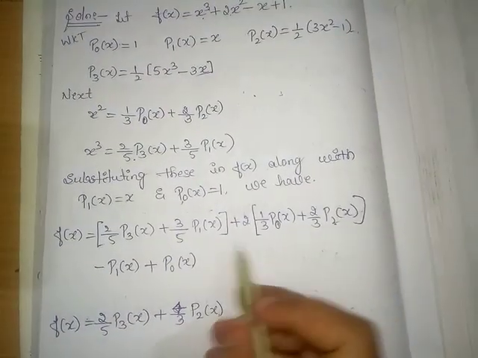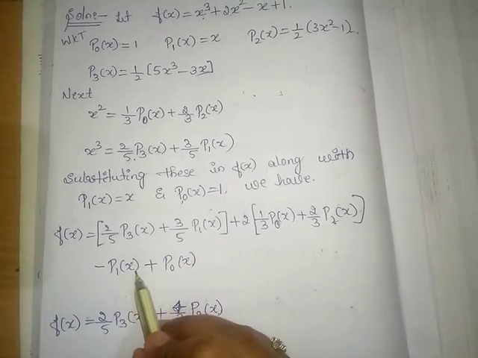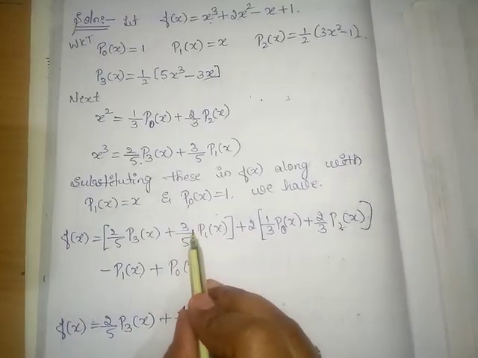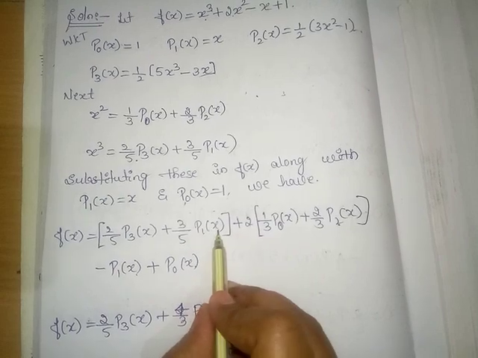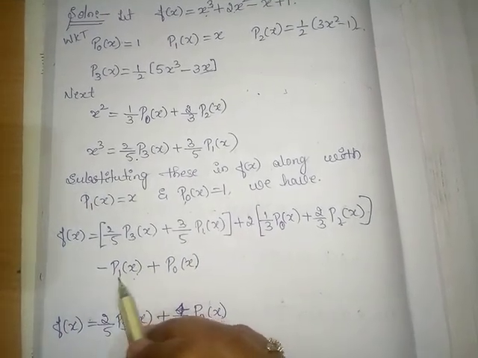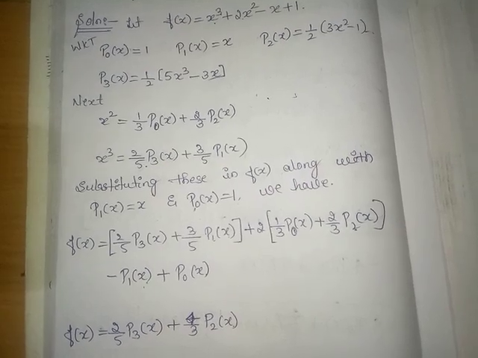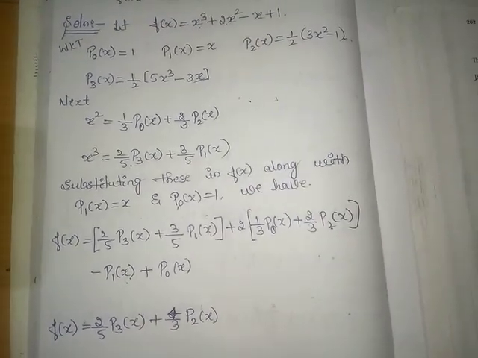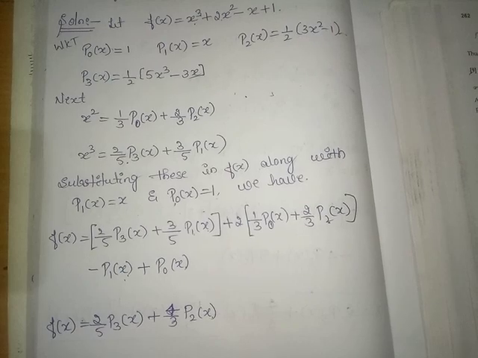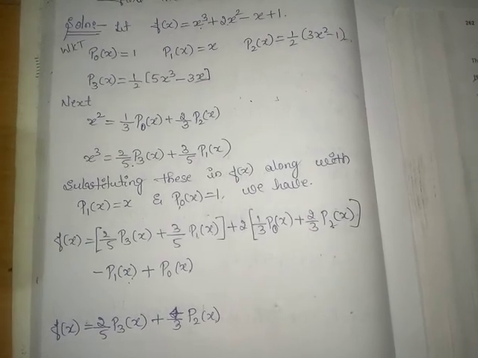Then here we have P1 of x, and here we have P1 of x. 3 by 5 P1 of x minus P1 of x will be 3 by 5 minus 1, which means 3 minus 5 divided by 5.